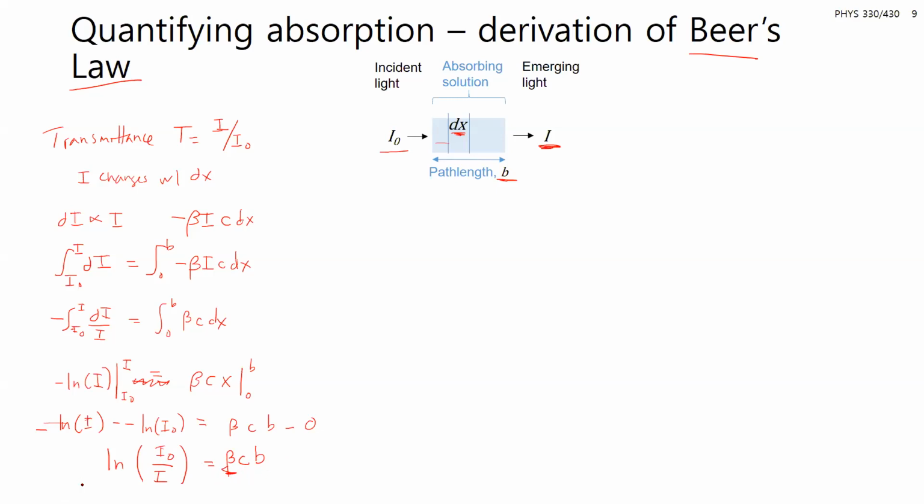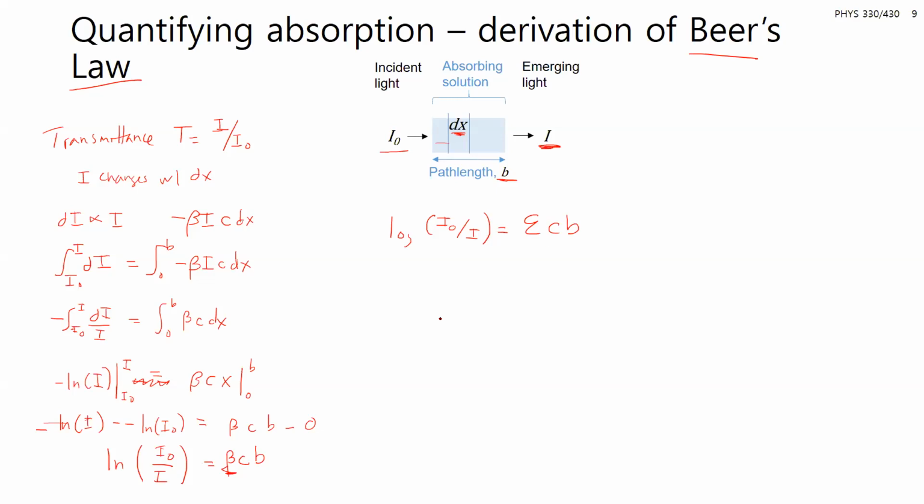So we're actually going to change the natural log to log base 10, and then we'll just change our proportionality constant to switch between the natural log and log base 10. So that new constant we're going to call eta, times c times b.